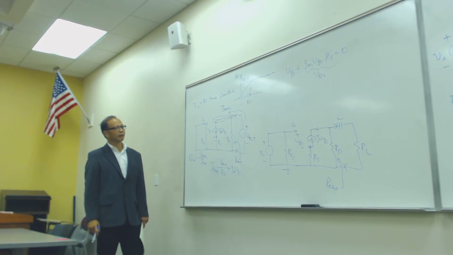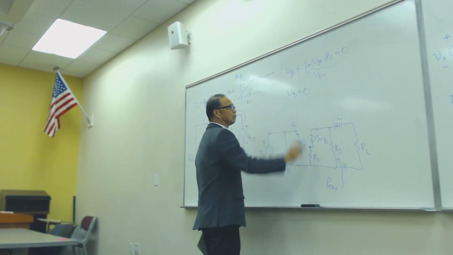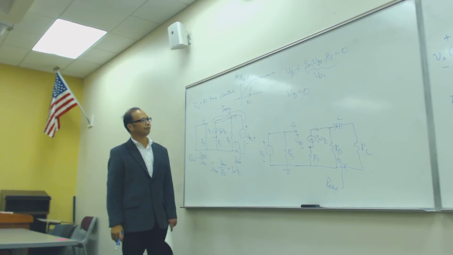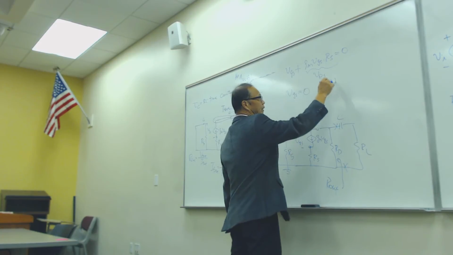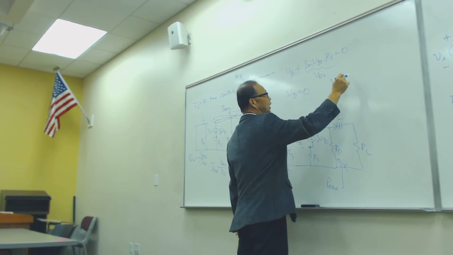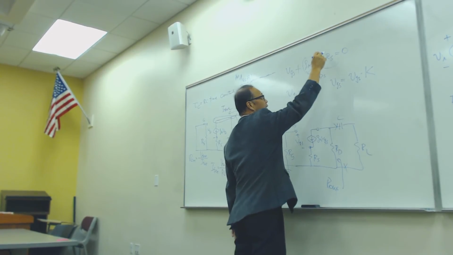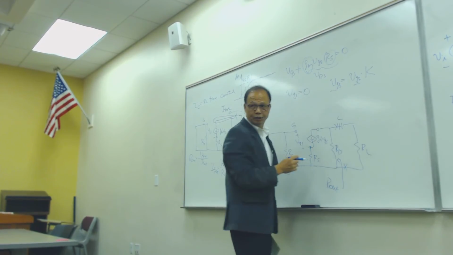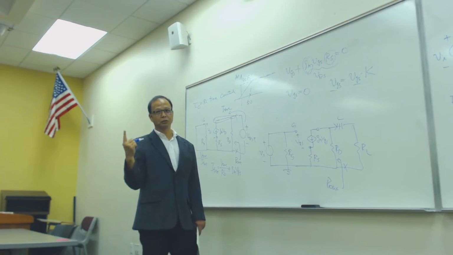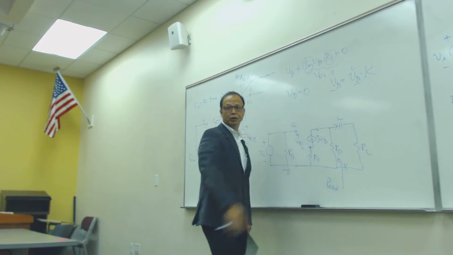Then the only solution for V GS is 0. Because if you have V GS on one side and V GS times a constant on the other, how can you make these two equal? There's only one solution, V GS equal to 0, so both sides are 0.